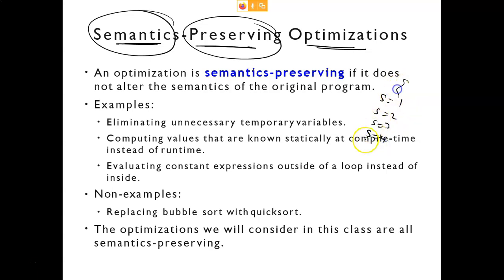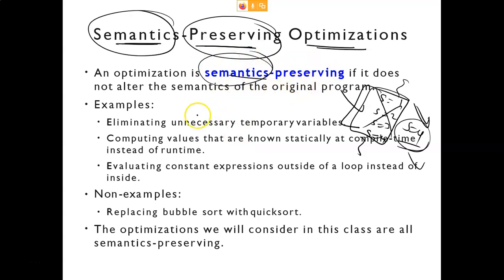These 4 lines were there, and we replaced them with one statement, because I am not changing any semantics of the program. These 4 lines do the same thing that this one line does. So semantic preserving means it does not change the semantics of the original program.